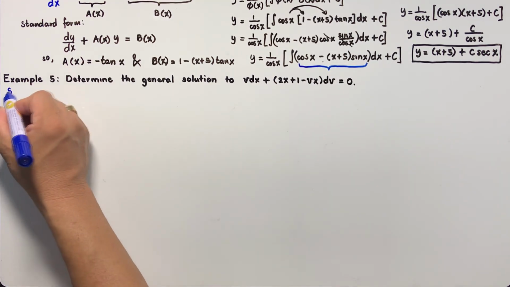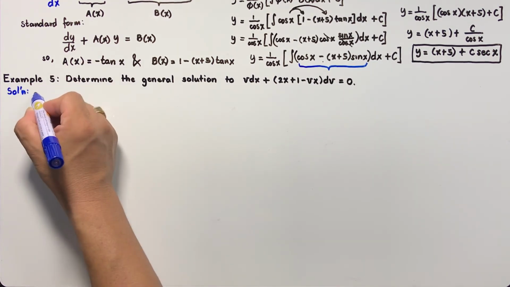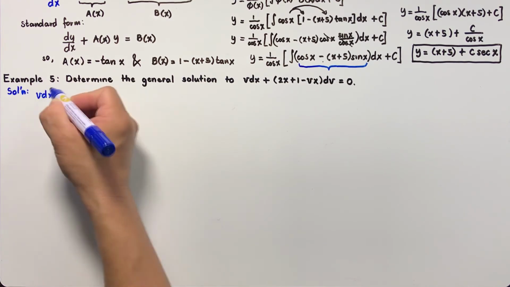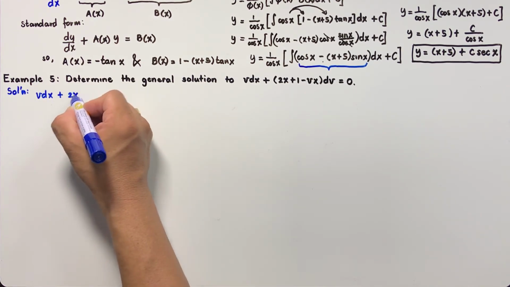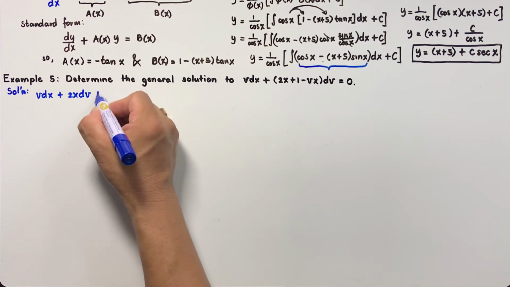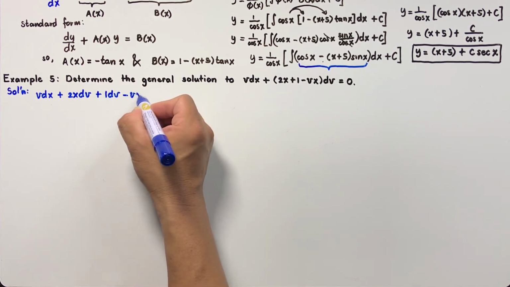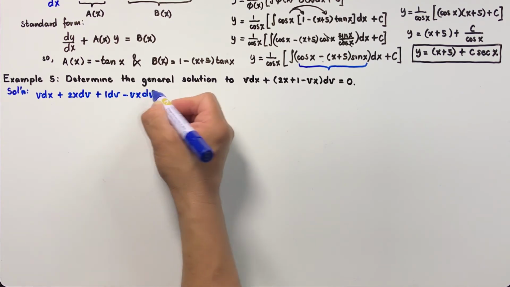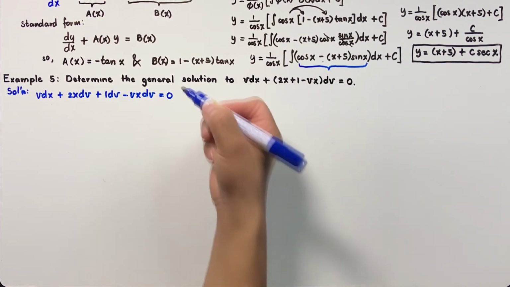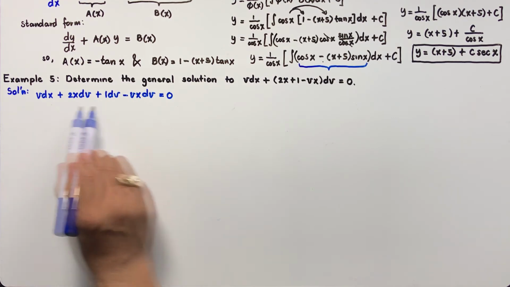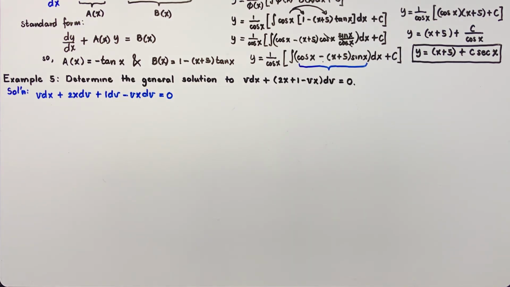So we have v dx plus 2x dv plus 1 dv minus vx dv, which is equal to 0. Now as you can see that there are two variables there, the v and the x. So our goal is to determine now which one is our dependent variable.